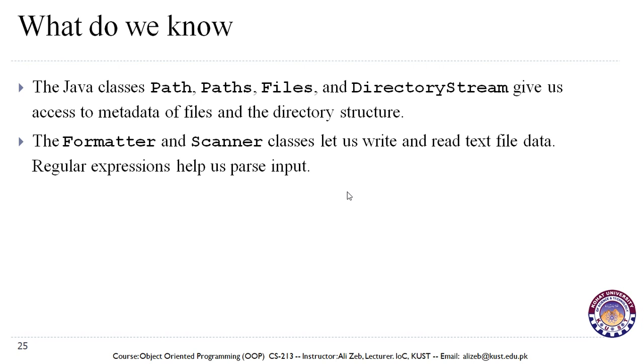The Formatter and Scanner classes let us write and read text file data. Regular expressions can help us parse input, and we'll be looking at some of these examples of working with files in our lecture. We will be looking at practical examples.